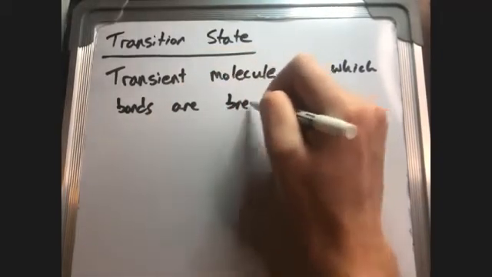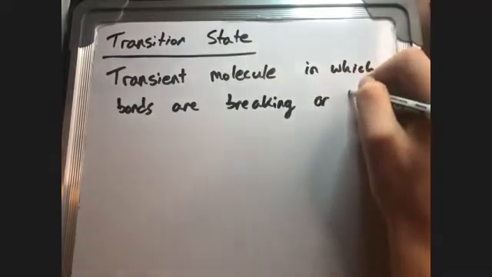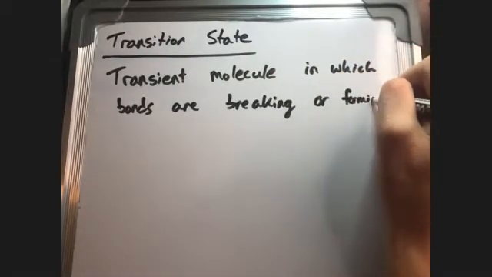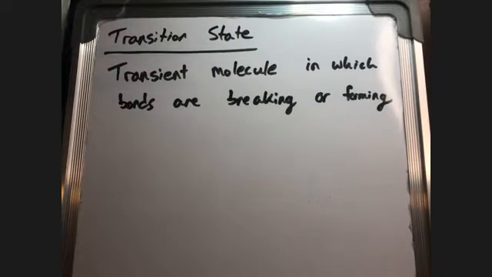You could have multiple bonds breaking and forming at the same time, like we do in an SN2 type of mechanism, or you could just have one bond breaking or forming at a time like we do in SN1. So we'll see the comparisons there. But a transition state is transient, meaning it's not a stable species and it will immediately degrade into something more stable.